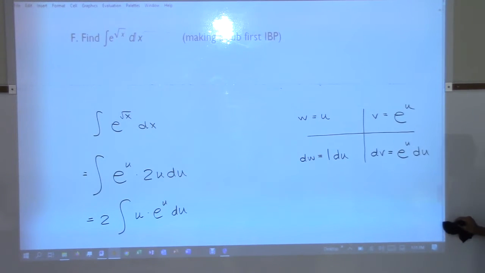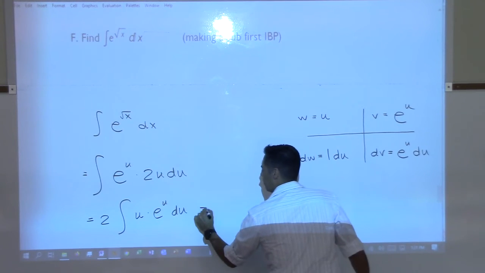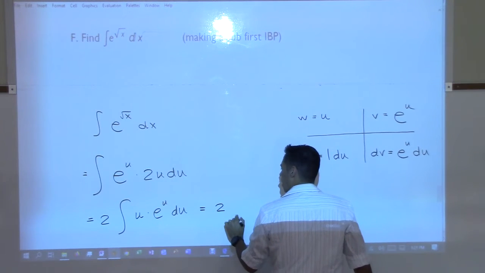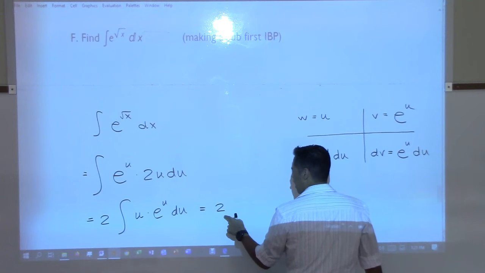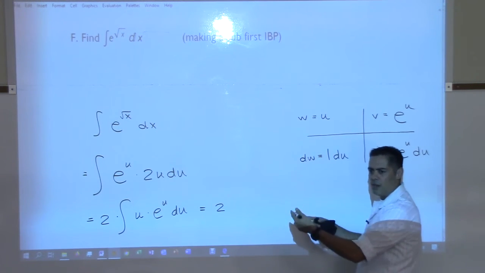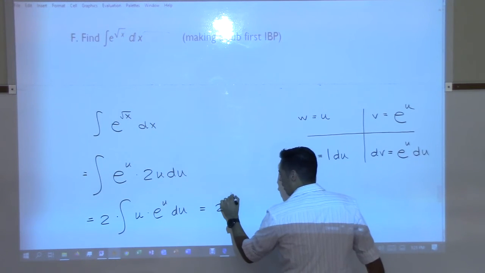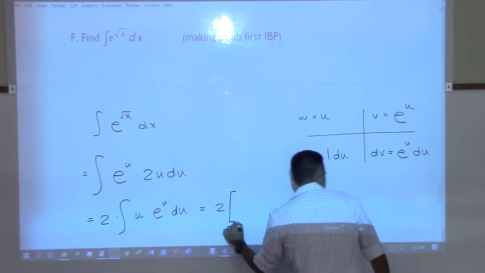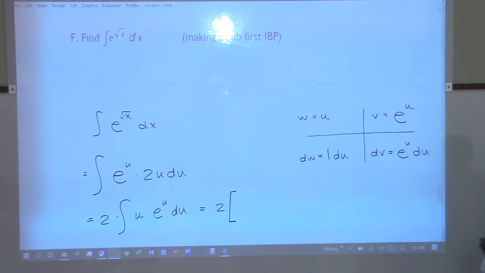All right, so now this integral becomes 2. Let's see, 2 is going to stay there, because it's being multiplied outside. And now I start the formula, ultraviolet minus voodoo, but we don't have ultraviolet, so I'm going to put a bracket, and then let's see. Adam, where's Adam at? Okay, Adam, can you tell me what I need to write next?